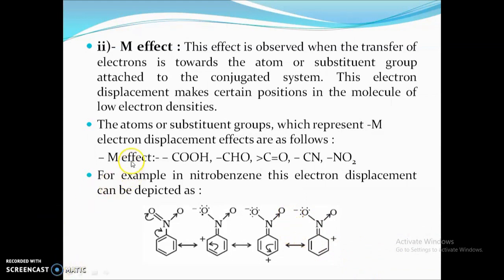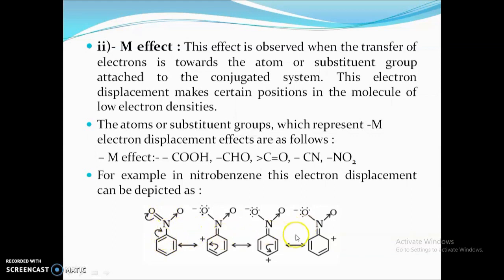The groups which show minus M effect are COOH, CHO, the carbonyl group C double bond O, CN, NO2, and so on. This is an example of a compound showing minus M effect, that is, nitrobenzene. This type of mesomeric effect or resonance is there. Here, the nitro group is attached to the benzene ring, and these double bonds are in conjugation with each other.